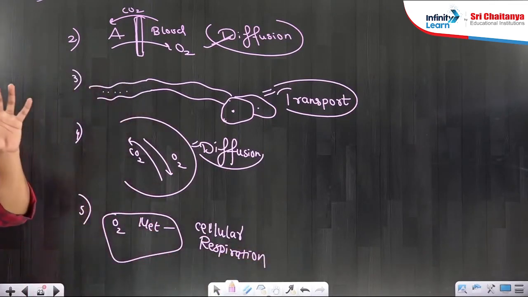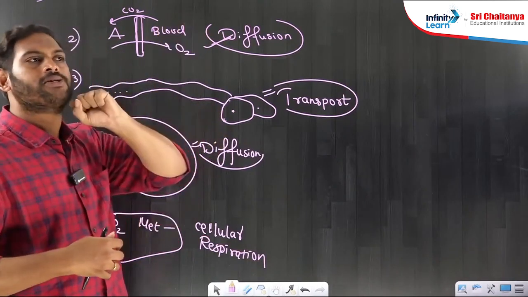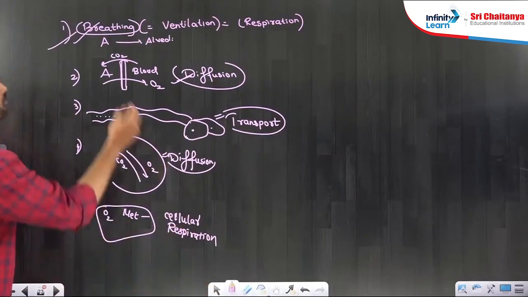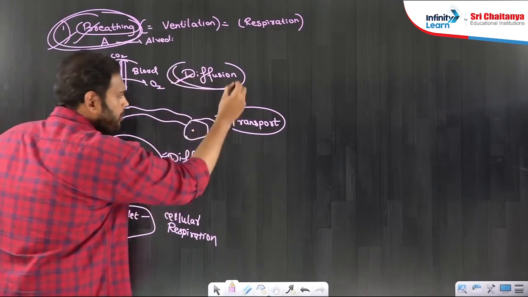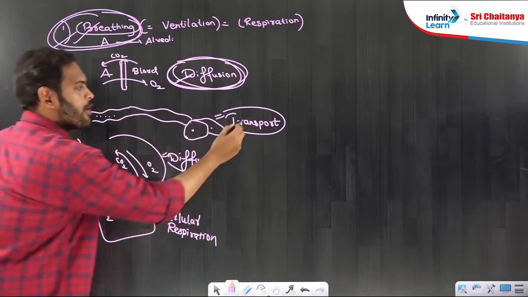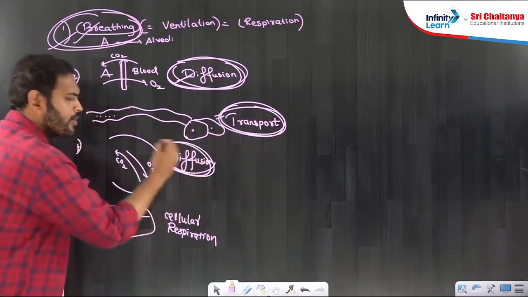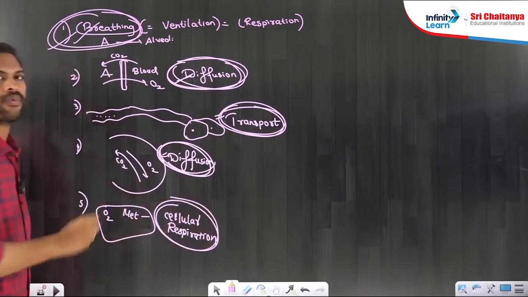So the entire process can be condensed into 5 main steps. Read them. Breathing, diffusion, transport, again diffusion, and finally cellular respiration.